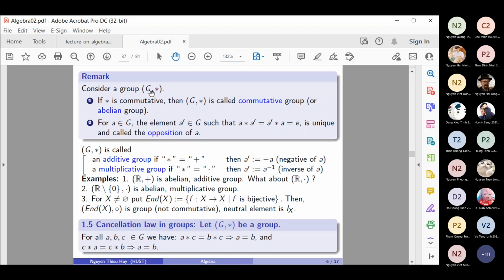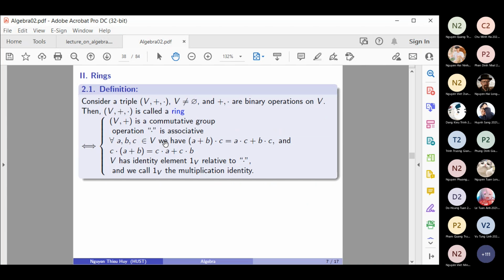And up to now, we have only one algebraic structure, which means on G we have only one operation. But now we can have more operations. For example, on the set of real numbers, you have addition, but you also have multiplication. Therefore, sometimes we have to consider two binary operations on the same set. And this leads to the concept of rings.